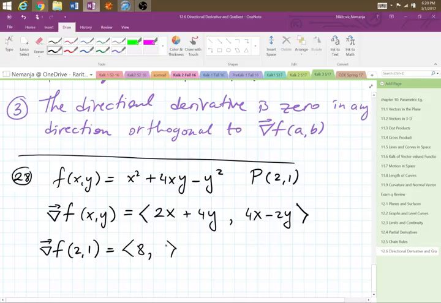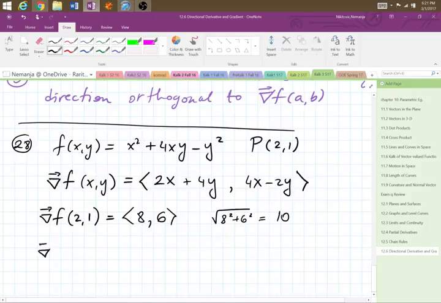I said 6. 4 times 2 is 8, minus 2 times 1 is 2, so 8 minus 2 is 6. So this would be the direction for the steepest ascent, the hardest way up. And the slope of that would be the magnitude, which is the square root of 8 squared plus 6 squared, which is 10. Nice.